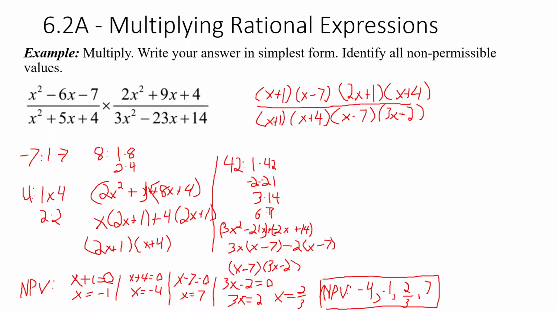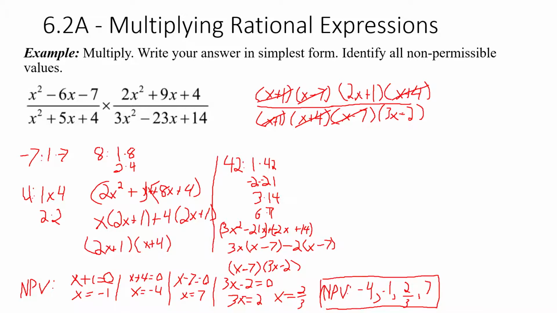Now we simplify. Look for any terms in the top and the bottom that are shared. Anything divided by itself is 1. Doesn't matter what it is. So x plus 1 divided by x plus 1, those will cancel out. X minus 7 divided by x minus 7, those will cancel out. And x plus 4 divided by x plus 4, those are going to cancel.